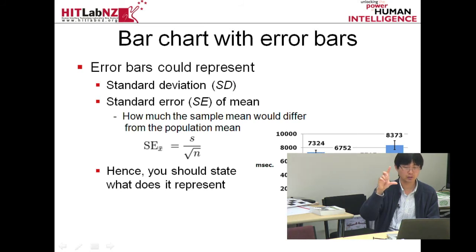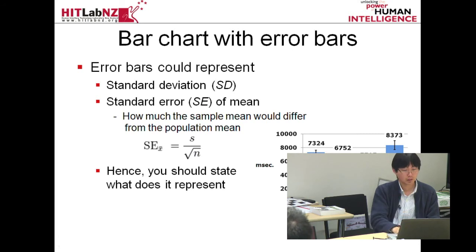Usually the standard deviation is bigger than the standard error of the mean, and usually the standard error of the mean is preferred when you ran ANOVA or a t-test, because this standard error is basically dividing the standard deviation by the square root of the number of samples.